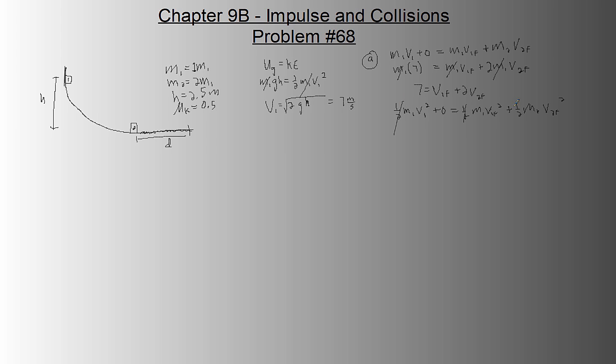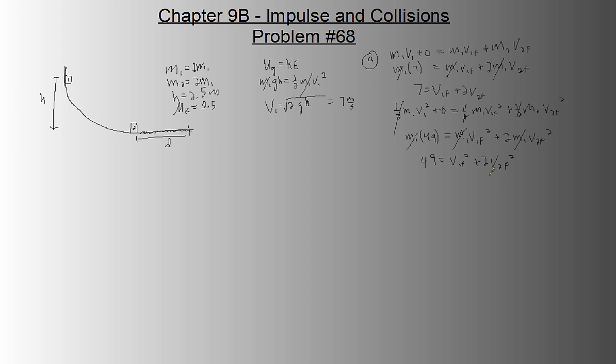Halves go away. m1 times 7 squared, the initial velocity is 7, is 49, plus 0 equals m1 v1 final squared plus m2, remember, is 2 m1s, so we'll substitute that in right now, times v2 final squared. The m1's cancel. So you get 49 equals v1 final squared plus 2 v2 final squared.